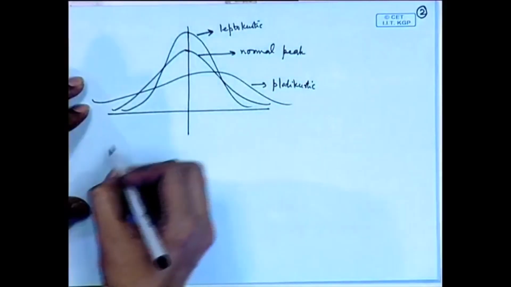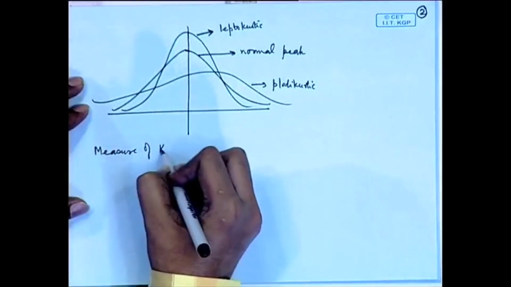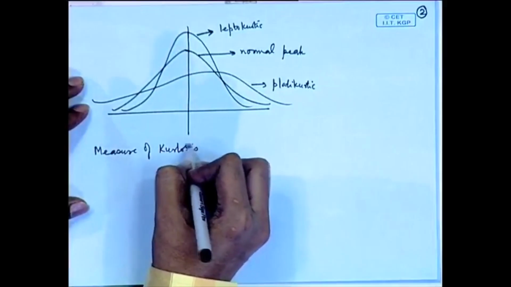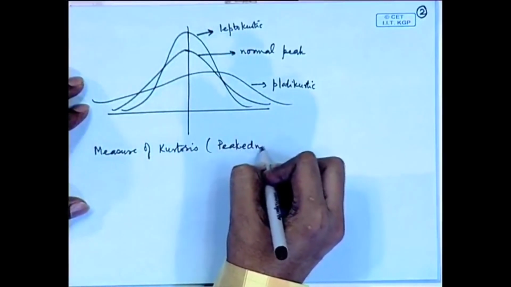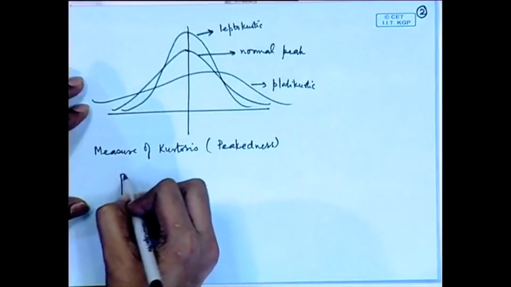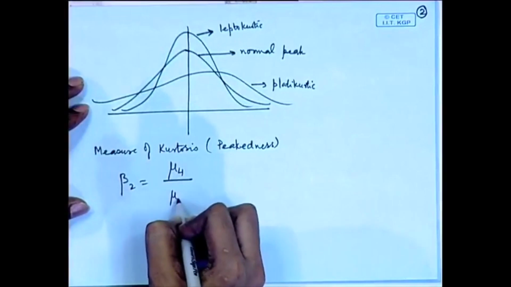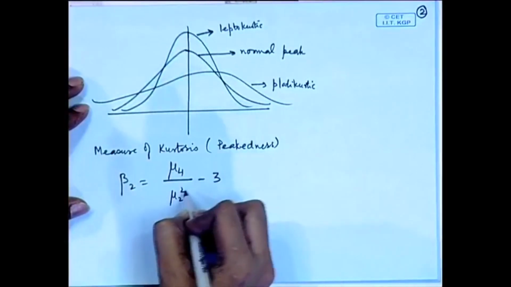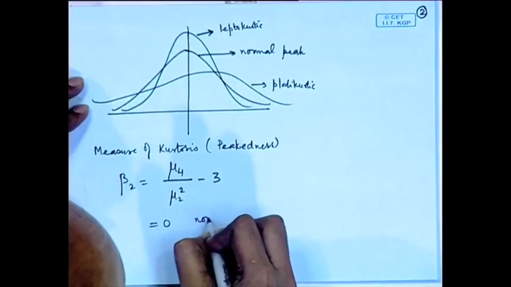A measure of kurtosis or peakedness is defined to be beta 2 is equal to mu 4 by mu 2 square minus 3. So, if it is 0, we have a normal peak.